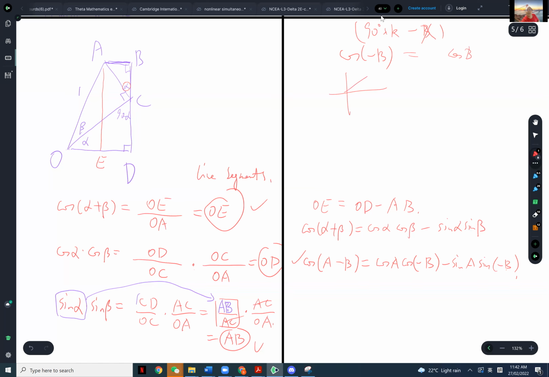For B and negative B, they're all positive. So we get cos A cos B. But for sine, change to negative. Cos(A minus B), we just proved the two formulas.